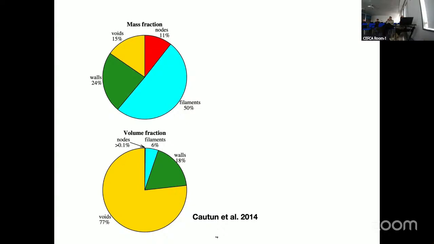Then we have the walls, about 20% of the volume, the filaments 6%, and the clusters occupy just 0.1% of the volume of the universe, and that is where the big transformation of the galaxies occurs.